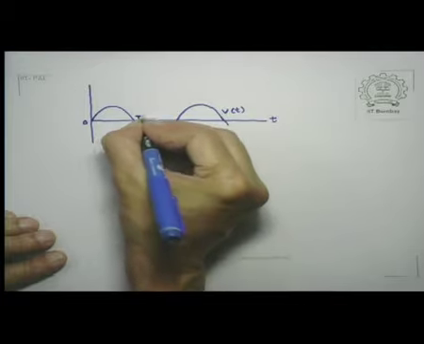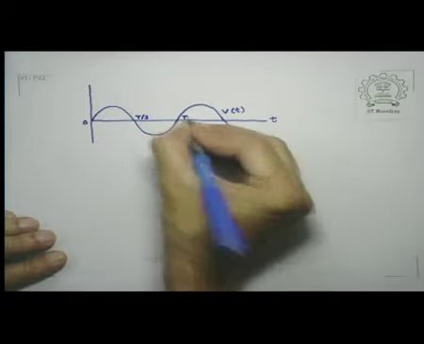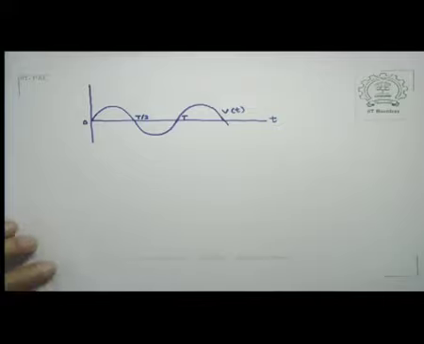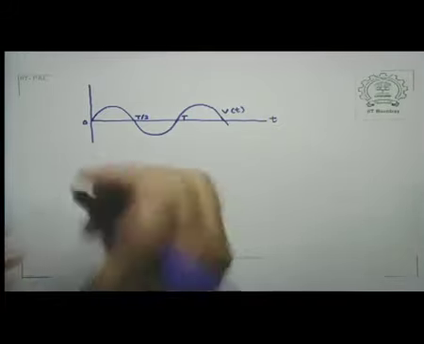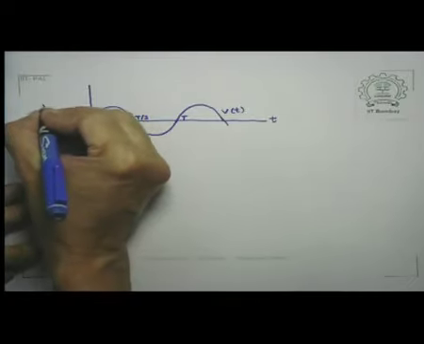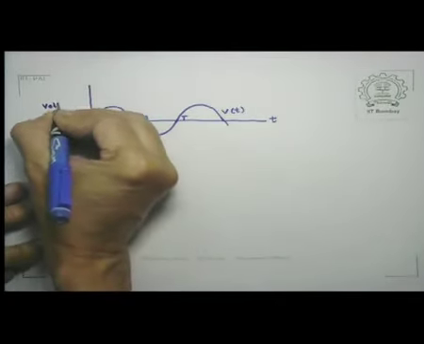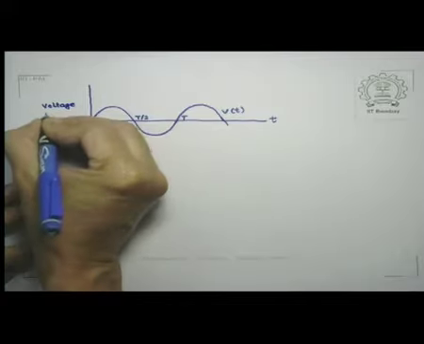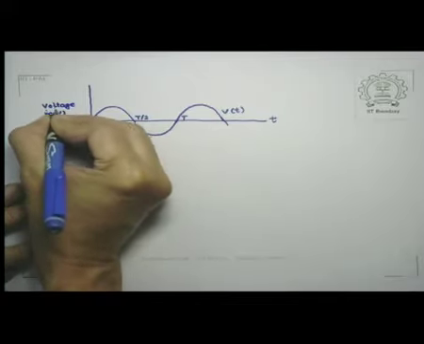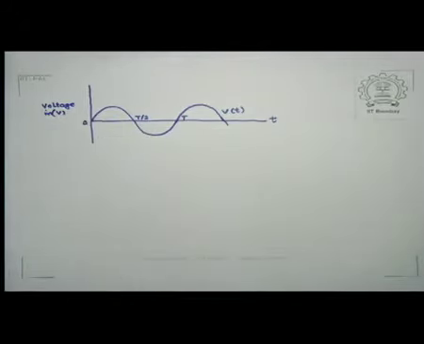This is t by 2, this is t, this is of course 3t by 2. Now in the same figure I'll be plotting the current, but since current and voltage are measured in different units, I can choose different scales for this.